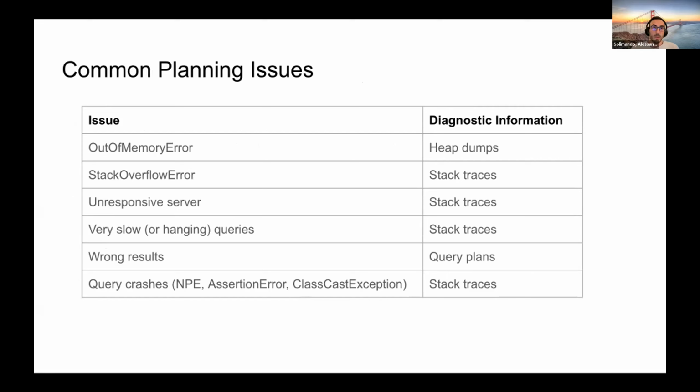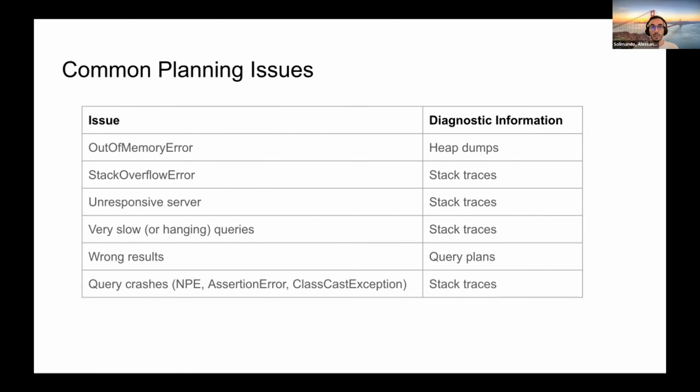So query planning shares a lot of commonalities with general software. Calcite is running on the JVM, so we will be using JVM terminology. But in general, when you have an out of memory, you can investigate it through heap dumps.